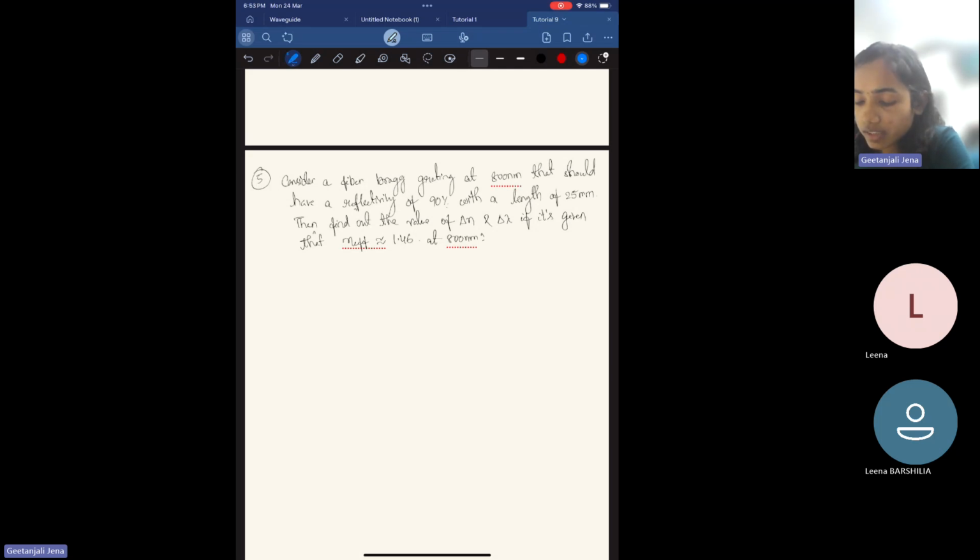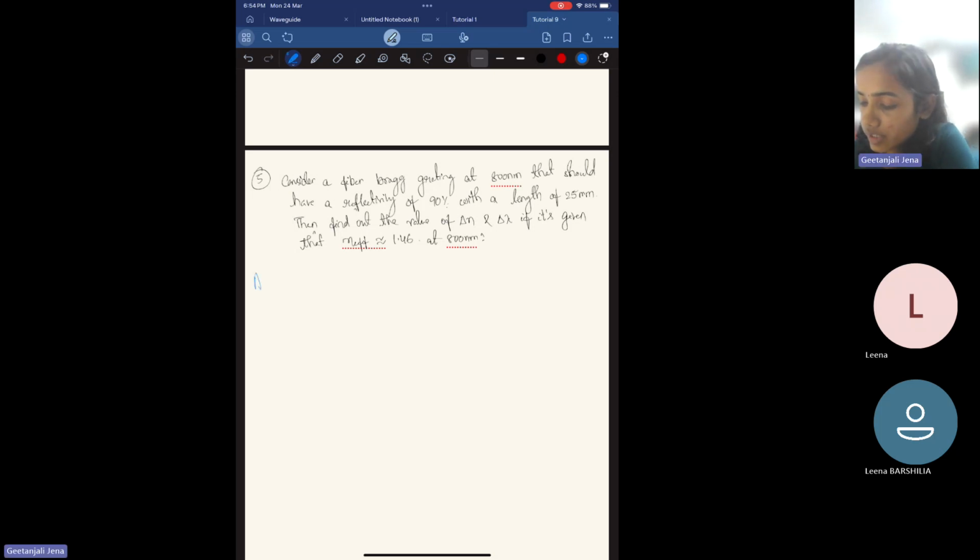Then find out the value of delta n and delta lambda, which is the bandwidth, if it is given that n effective is 1.46 at 800 nanometer. So we need to find out delta n and delta lambda. Delta n is related to kappa, so if we can calculate kappa, then we can find out delta n. Also, using the expression for delta lambda, we can find out the value of the bandwidth.